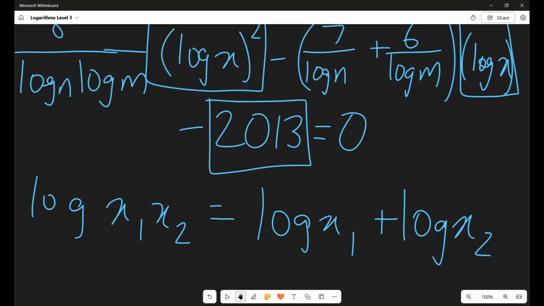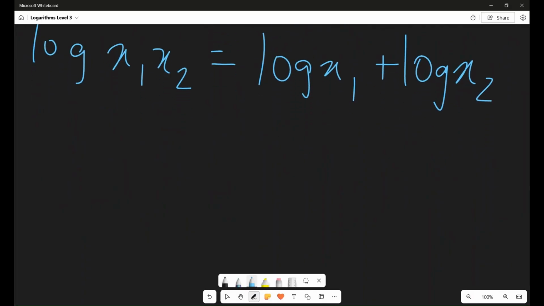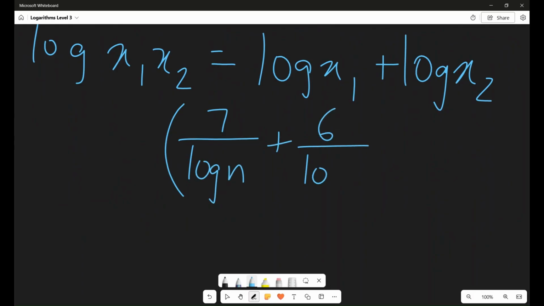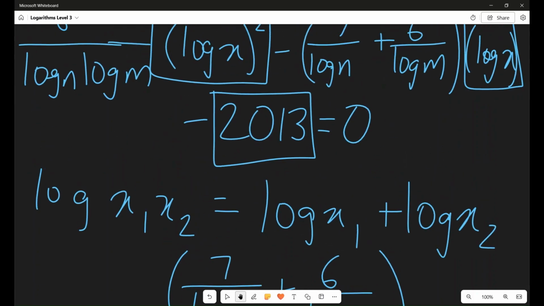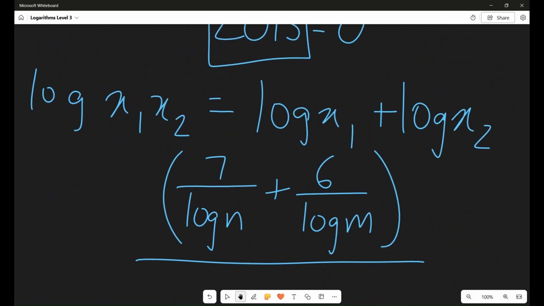And now we know where to go with this. We can just plug in our coefficients into Vieta's formula. So we have 7 over log n plus 6 over log m, over 8 over log n log m.